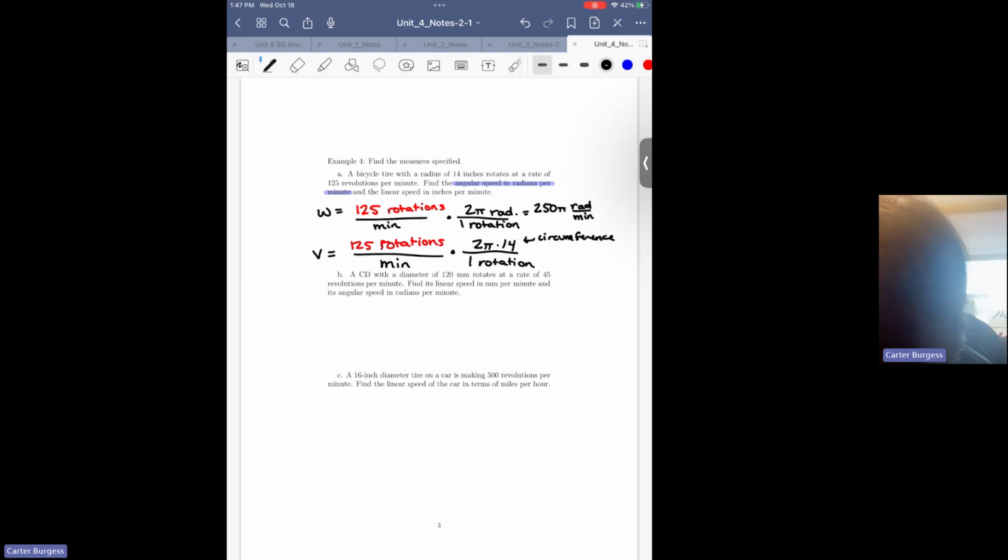And this is in inches. And so what do we end up with? Well, plug into your calculator, and this is going to be 3,500 pi inches per minute.